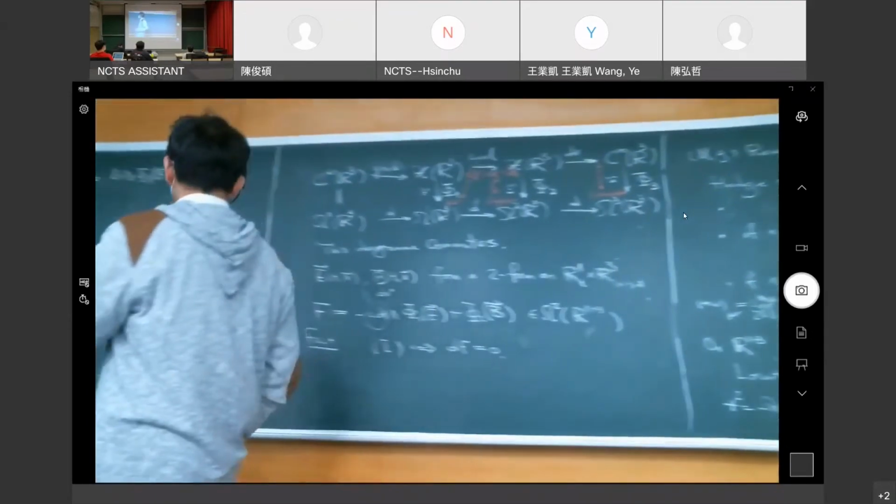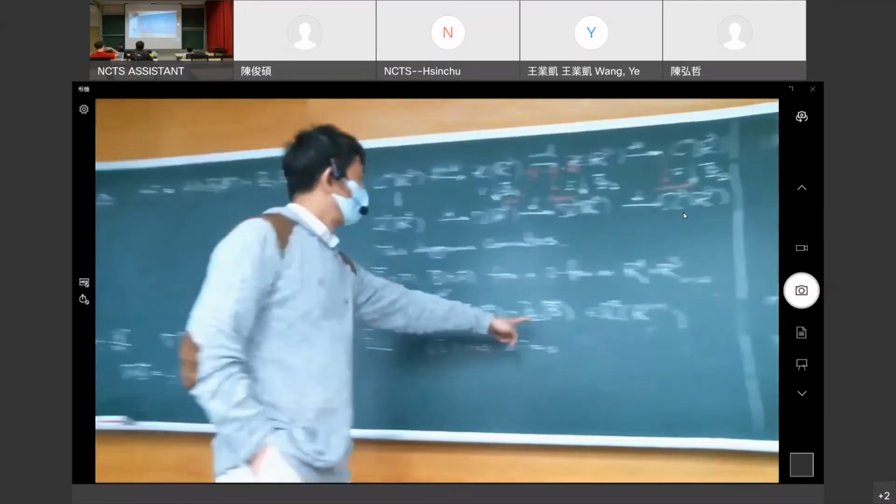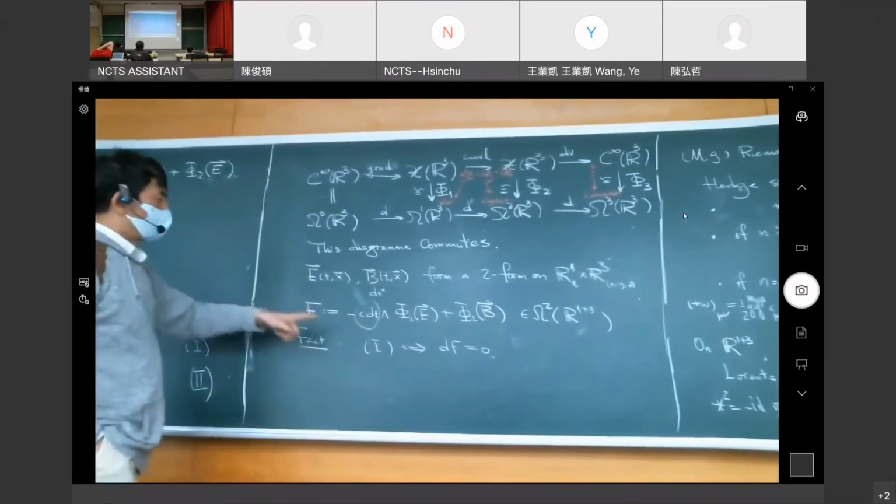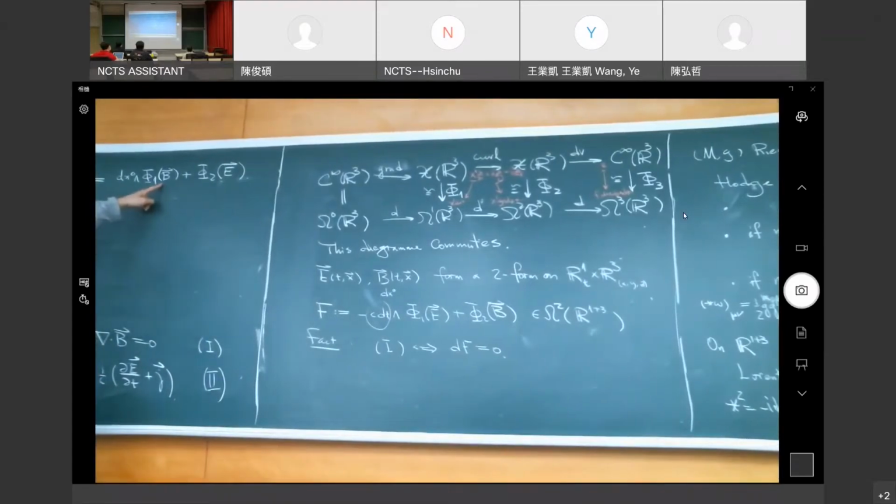Moreover, the exchange is that B goes to E, but E goes to minus B.